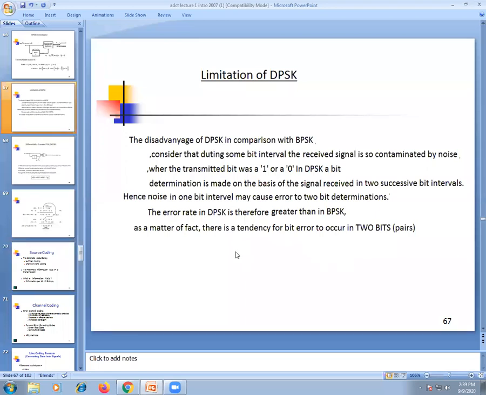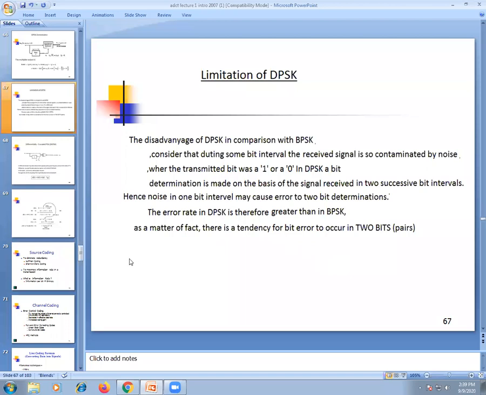So in this limitation of DPSK, the output depends on the one-bit delay. That means the output depends on two successive bits: first and second, then second and third, and so on.